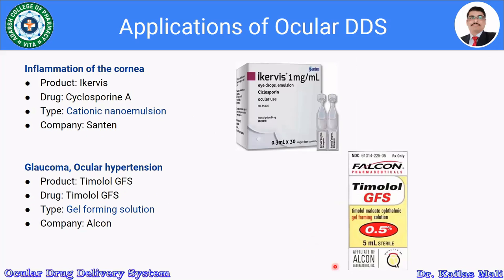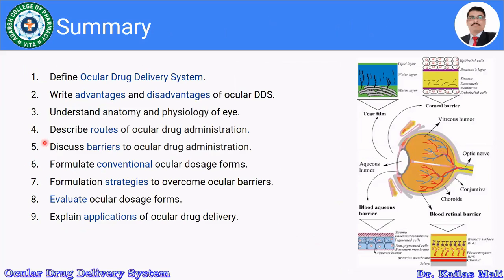Let us move towards the summary. So to summarize, we have discussed the definition of the ocular drug delivery system along with the introduction, then advantages and disadvantages. Furthermore, we have discussed the anatomy and physiology of the eye, then the various routes of administration.